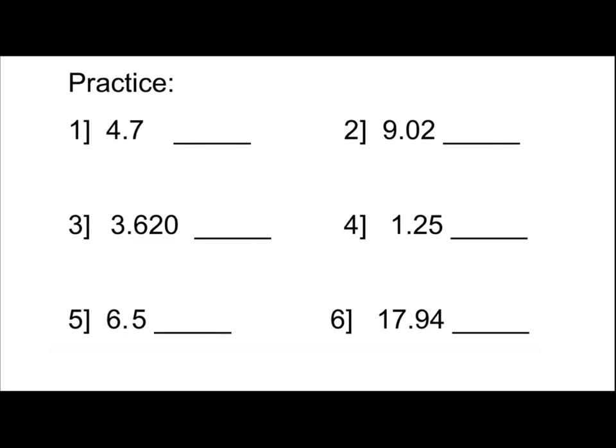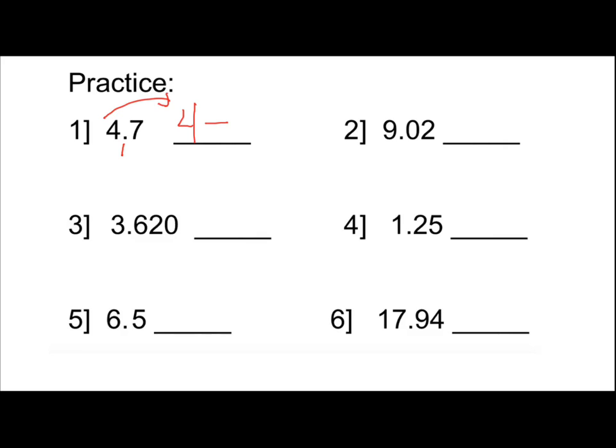Here's a couple practice problems. I'm going to show you a little bit of a shortcut that can help you with these. One thing that you can do is when you look at the decimal, go ahead and bring over your whole number. In this case, it's a 4. We know we're going to have a fraction. Underneath the decimal point, I'm going to write a 1. The decimal point gets a 1 every time.